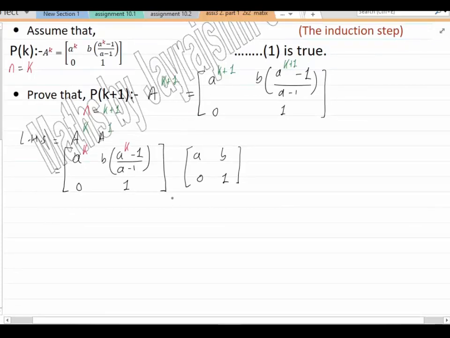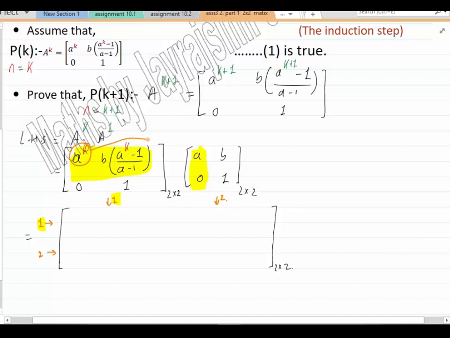Okay, let's begin. Our resultant matrix will be of order 2 cross 2. So the first element, which is in first row first column, will be obtained by a raised to k into a, which will give us a raised to k plus 1, and this whole term into this 0 will give us 0.